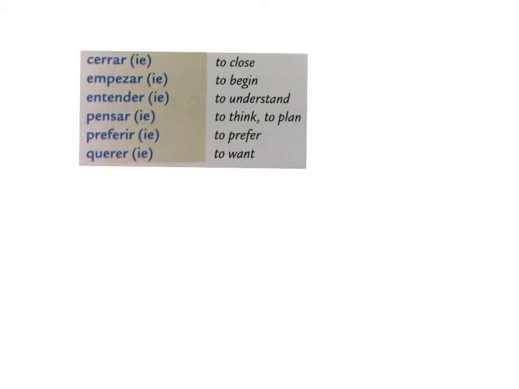If you'll notice, all of these verbs have, after it on the vocab list, a little ie in parentheses. And that is because these verbs are stem-changing verbs. And in the stem, the main vowel in the stem changes from an e to an ie when you conjugate it.